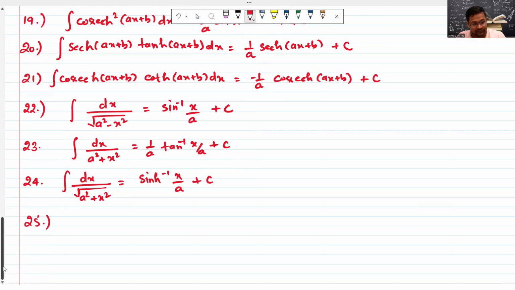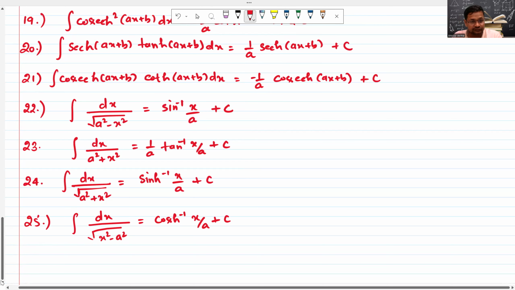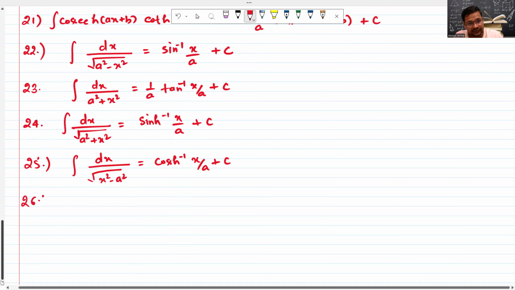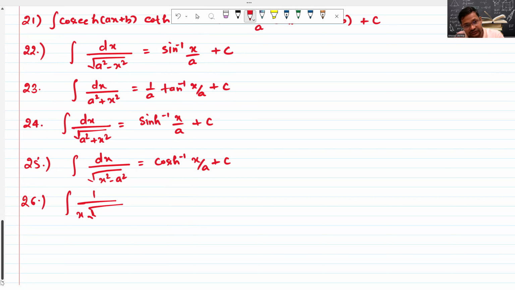The 25th formula is the integration of dx upon root of x square minus a square, which is equal to cosh inverse of x upon a plus c. Next, the 26th formula: the integration of 1 upon x root of x square minus a square dx is equal to 1 upon a sec inverse of x upon a.